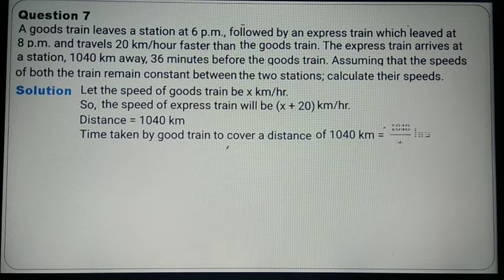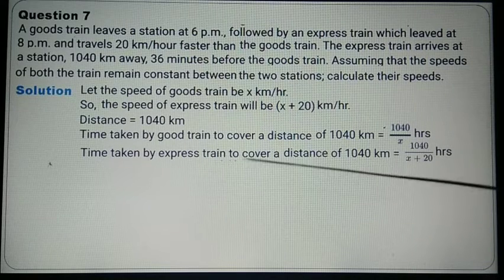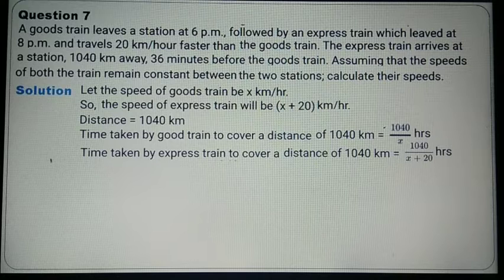So it's going to be these many hours. Is that clear? So let's go to the next case, that is time taken by the express train to cover a distance of this much. So it's going to be how much? It's going to be obviously 1040 by x plus 20. That is, in the denominator it is the speed of express train. Okay, so these are the two cases.